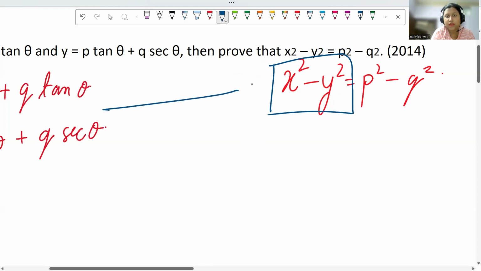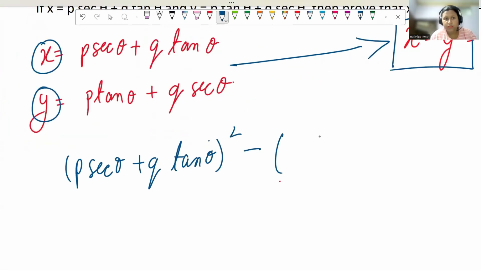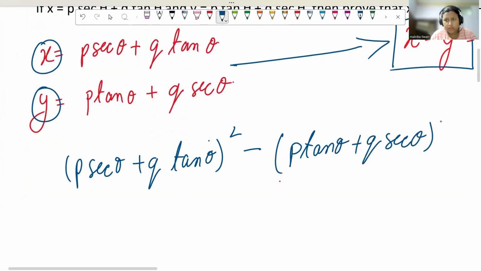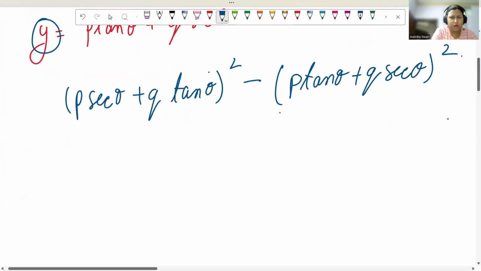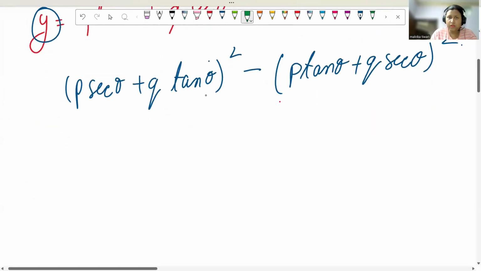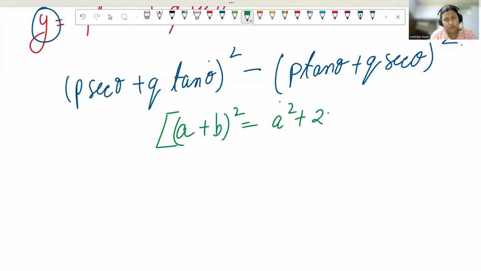into the expression that we had to prove. So we get x square minus y square, with x being p sec theta plus q tan theta whole square, and y being p tan theta plus q sec theta whole square. Now we just need to use the very simple and basic formula which we already know: a plus b whole square equals a square plus 2ab plus b square.